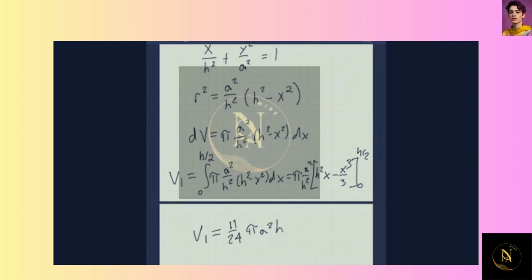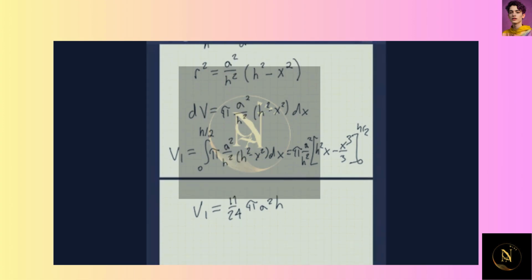In simplifying, we get that the volume is equal to 11 over 24 times pi times a squared times the height.